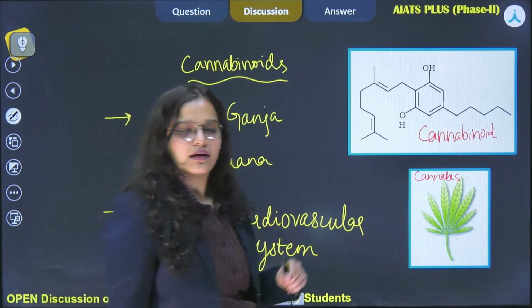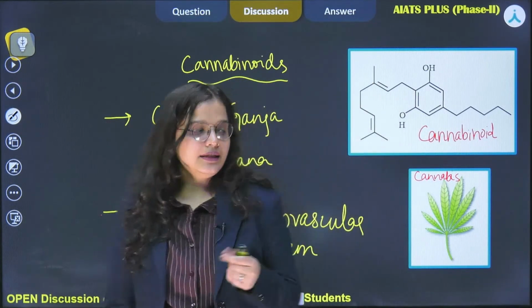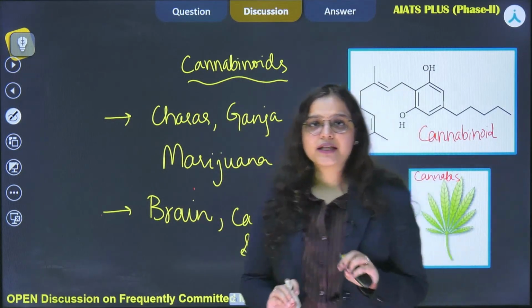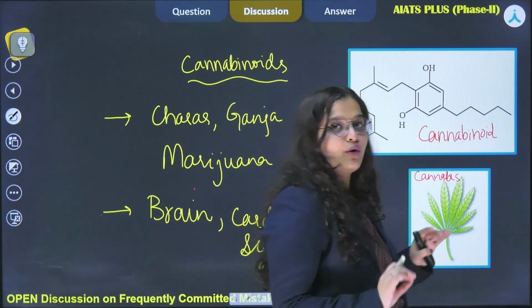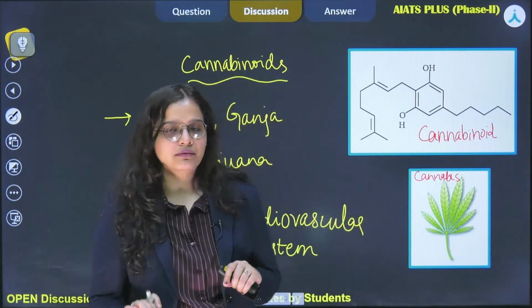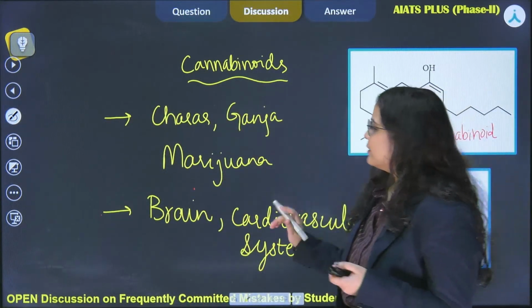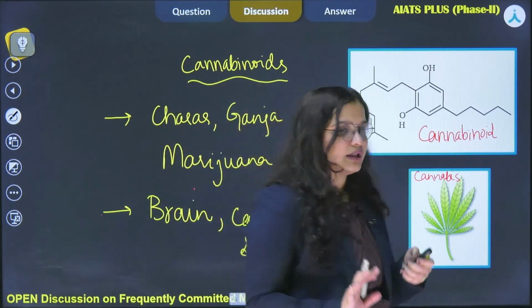And these drugs can produce hallucinations at higher doses, and they do not hold any significant clinical application. But these cannabinoids are also often used by various sports persons, and in general it is illegal to abuse these drugs.